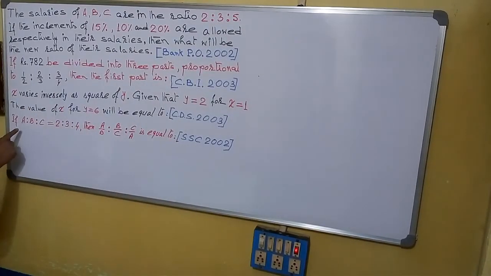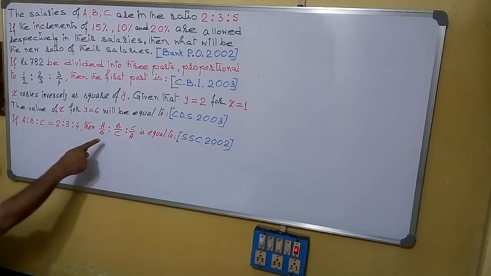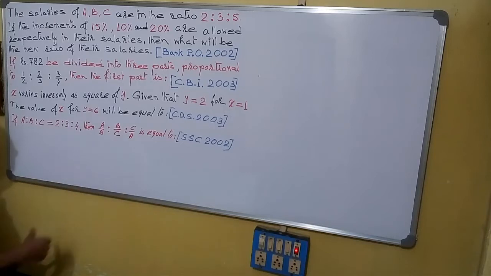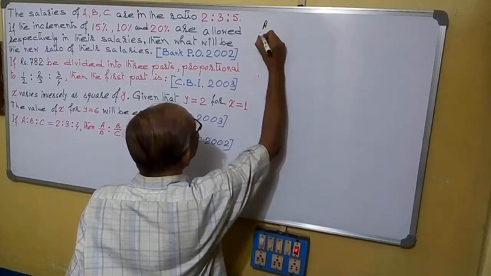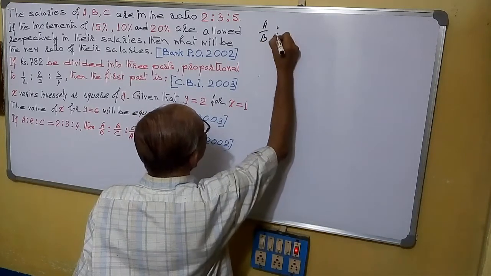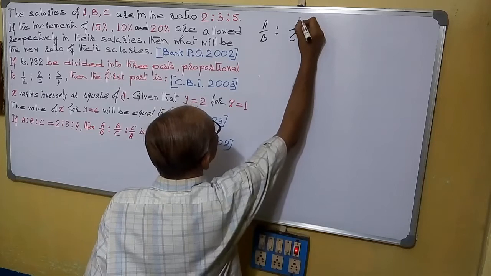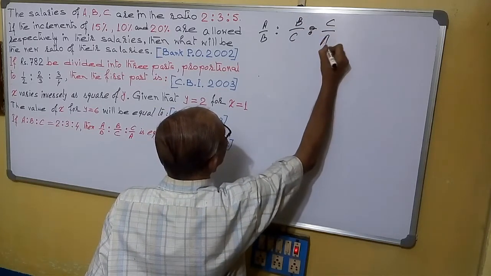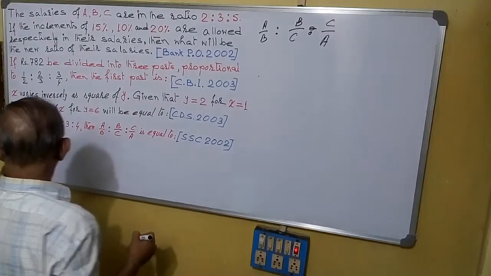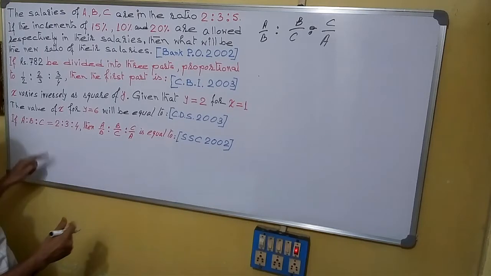Now see this sum. If A is to B is to C is 2 is to 3 is to 4, then find A by B is to B by C is to C by A. Consider A is 2, B is 3, C is 4.